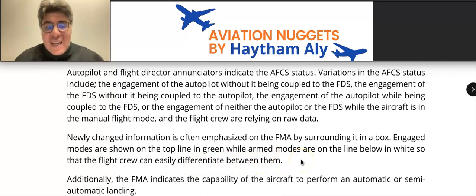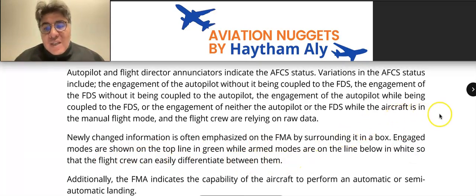Some modes may be engaged and some modes may be armed but not engaged. Okay, everybody? So on the flight mode annunciator, engaged modes are shown on the top line in green, while armed modes are on the line below in white.